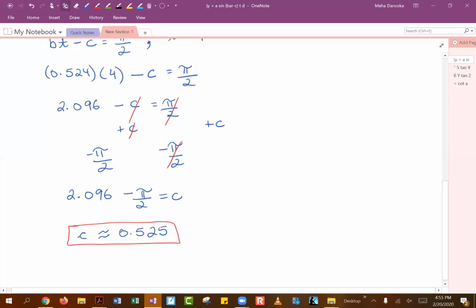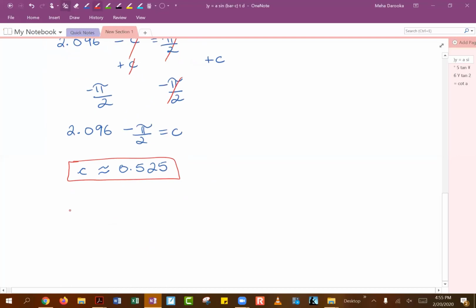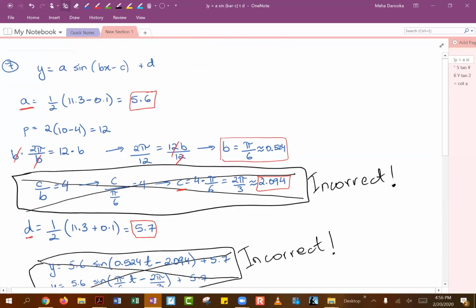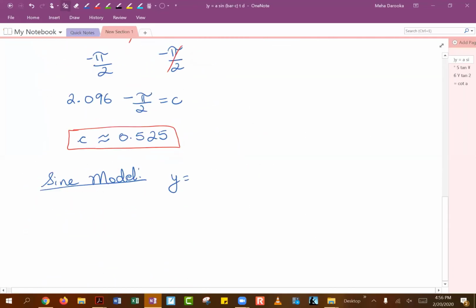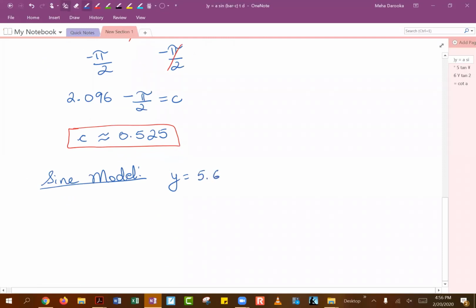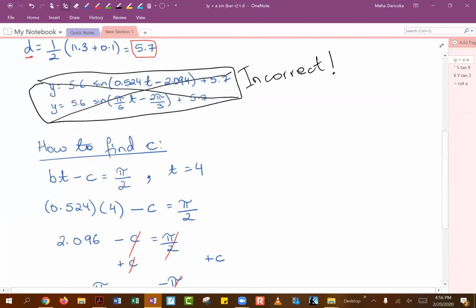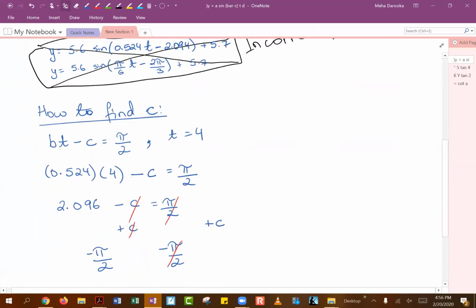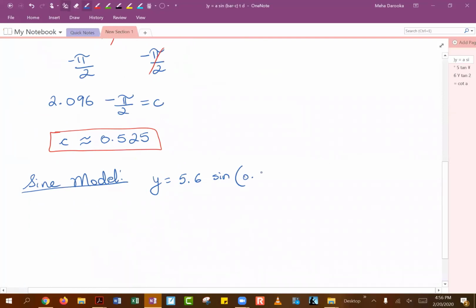So the equation at this point will then end up becoming, so this will be our sine model, y equals, again, our a value is 5.6, so that will be 5.6, and this will be times the sine function. Our b value, again, is 0.524, multiplied by our variable t, minus our c value that we just calculated is 0.525.